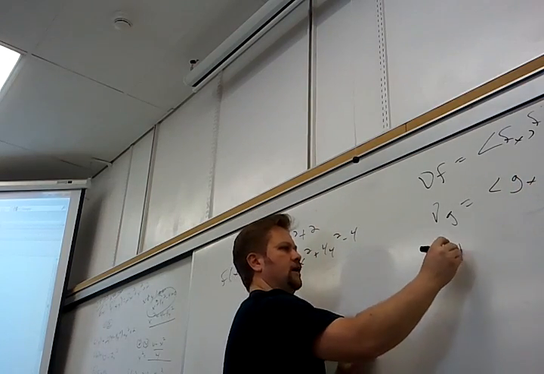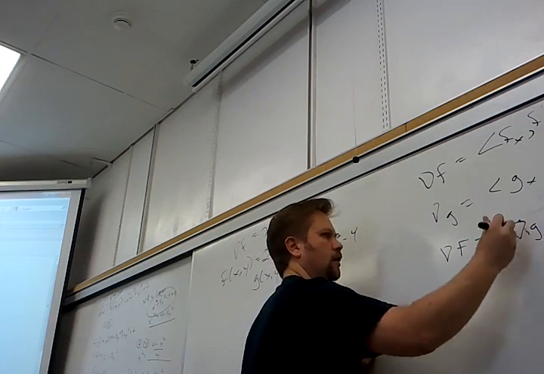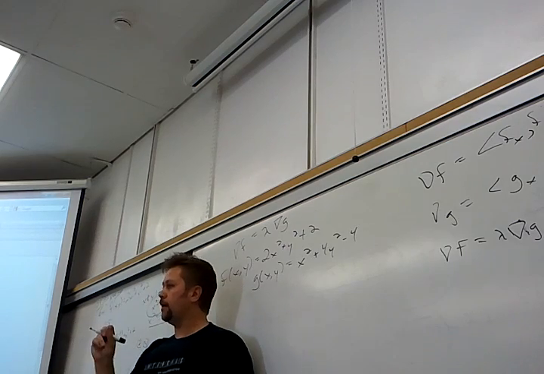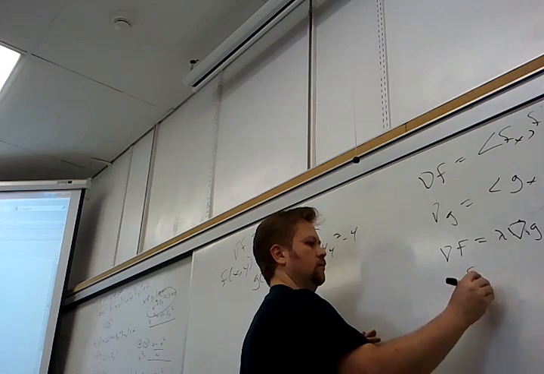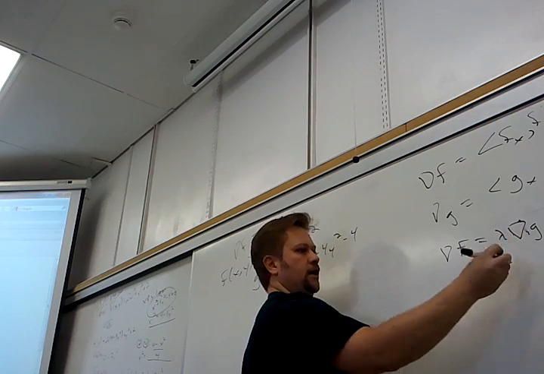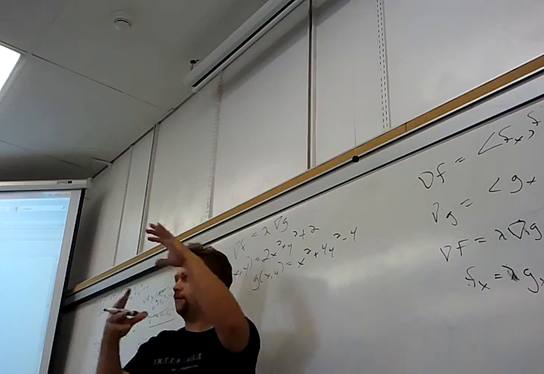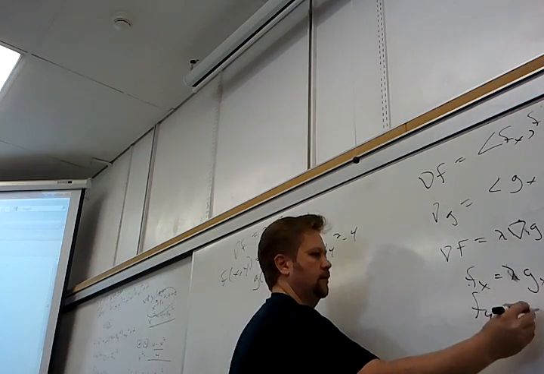So how can you rewrite the gradient of f equals lambda times the gradient of g a little bit more directly? I can write it as two separate equations, can't I? Fx must equal lambda gx. You guys see that? I'm just equating parts of the vectors. Fy must equal lambda gy.